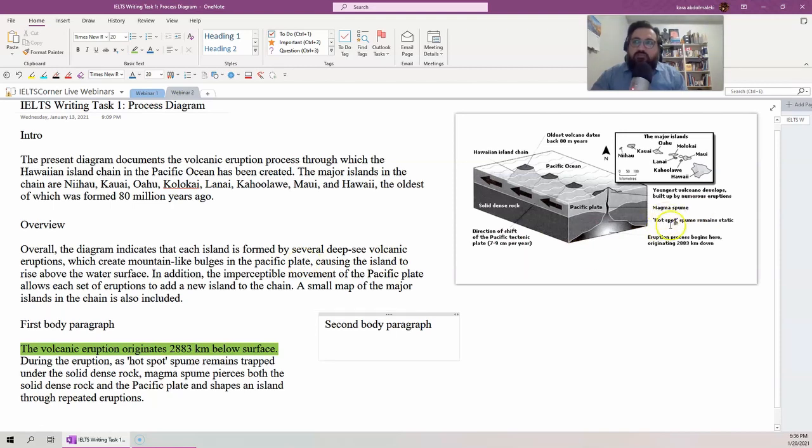Technical terms like hotspot, magma, plume, those cannot be paraphrased. You have to mention those. So your paraphrasing should be in other areas where there is no technical words, okay? I have to have some kind of continuity between the first body paragraph and the second body paragraph. Here I would say meanwhile, that means these two are happening at the same time, which they are.